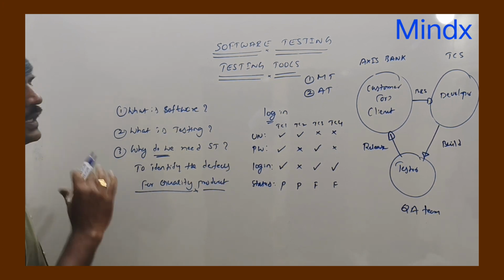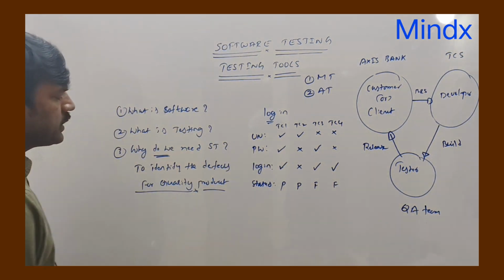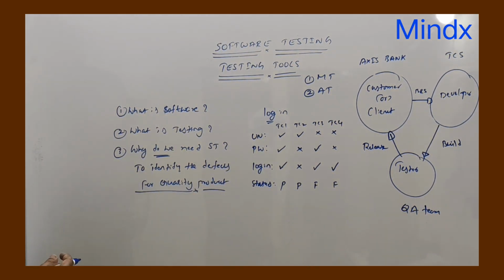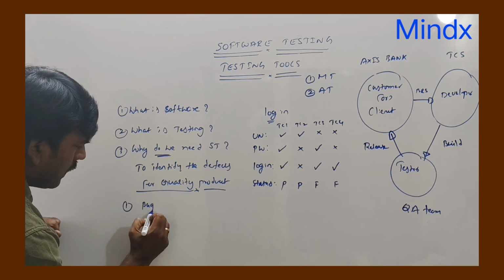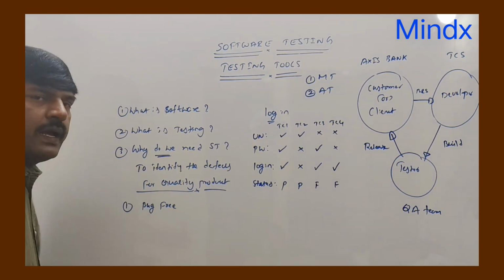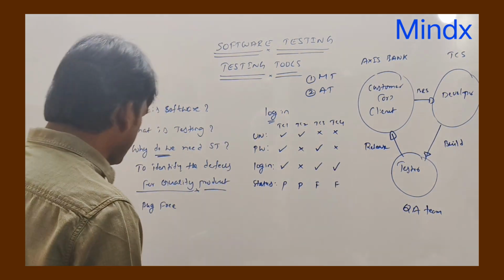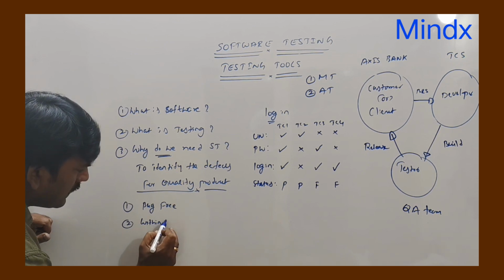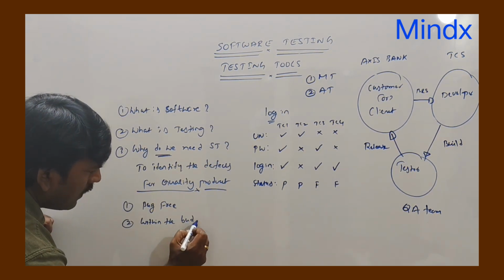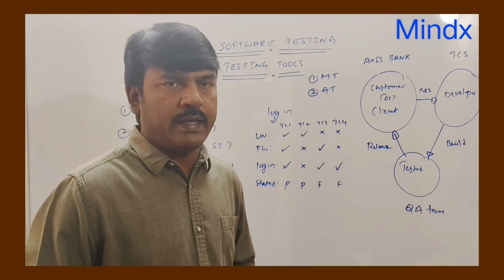Right? So this is software testing. So for a quality product, what are the parameters? When you say quality product, number one, it's bug free. Bug free means it's a quality product. And one more parameter is called within the budget. It's also one of the parameters for quality.